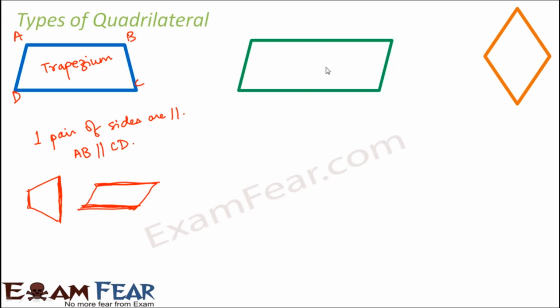The next type of quadrilateral that we will discuss is a parallelogram, the most common type of quadrilateral, because in parallelogram itself we have many different types again. Parallelogram has the word parallel in itself. So in a parallelogram, two pairs of sides are parallel.